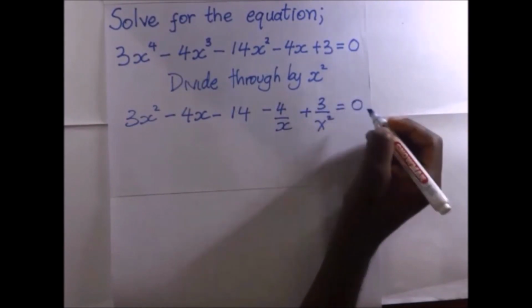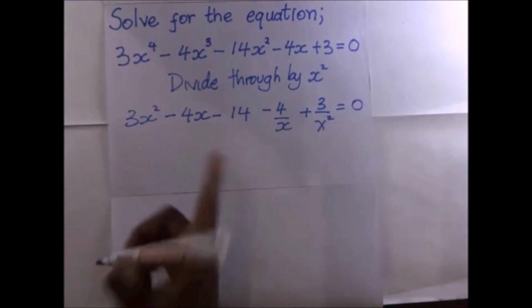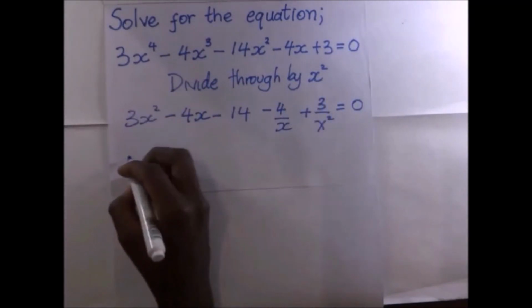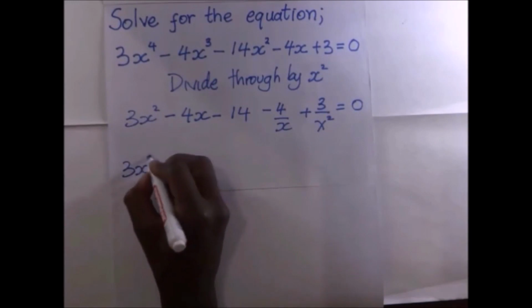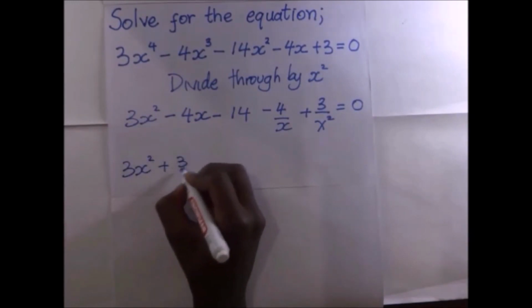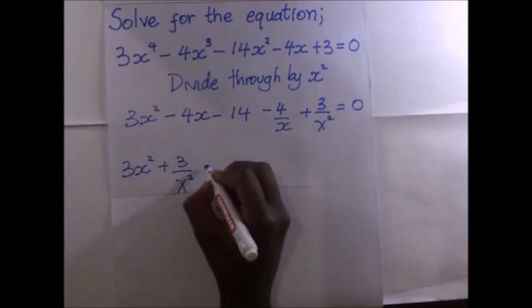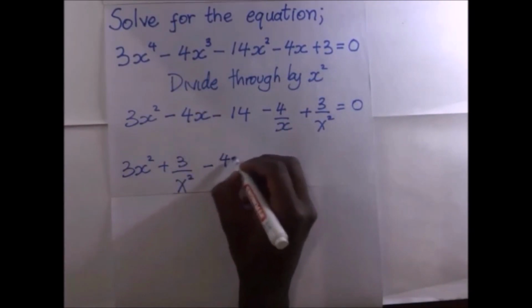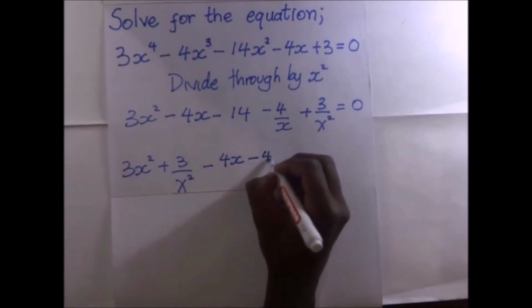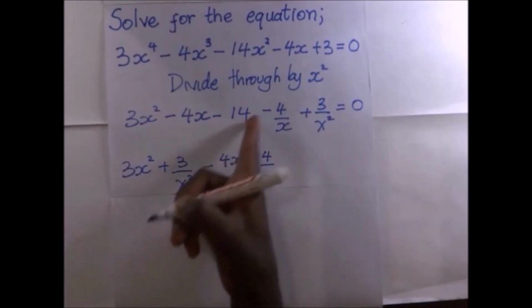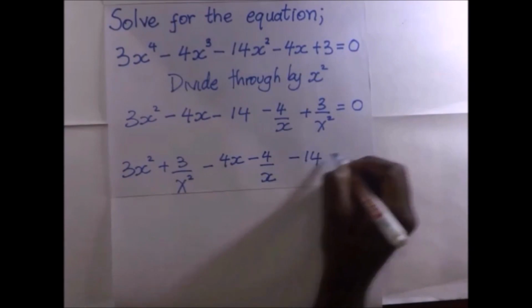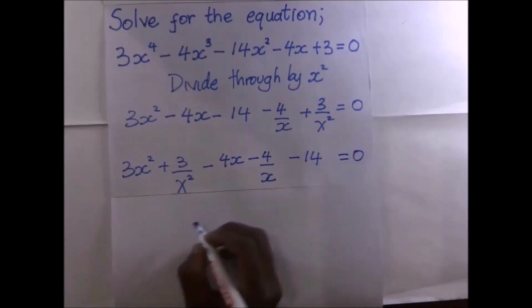is equal to 0. So now from this we collect like terms. We put those that are squared together. 3x squared plus 3 over x squared, minus those terms that have only x, minus 4x minus 4 over x, then the whole numbers alone, minus 14, is giving us 0.